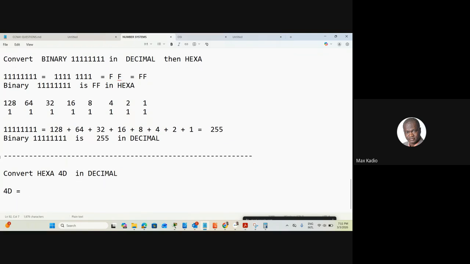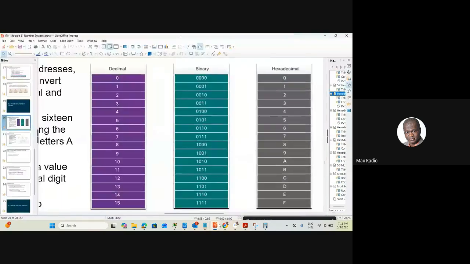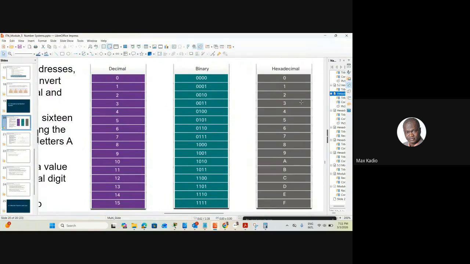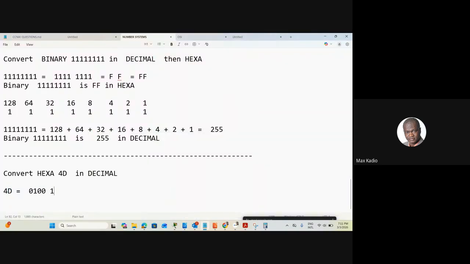If I want to convert 4D in binary, what will be the value? It's very simple. For hexadecimal 4, the value in binary is 0100. Then you put your space. Now you take your D. What's the value of D? You take your table, D is here, the value is 1101. Then you put it here, 1101.